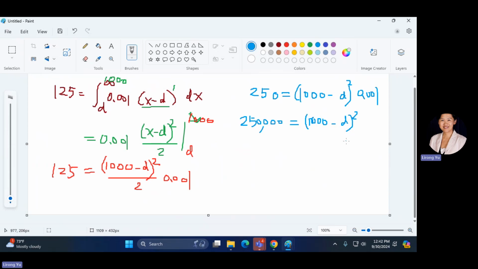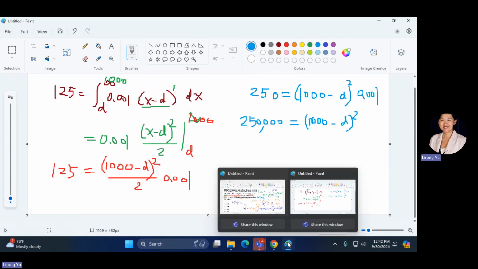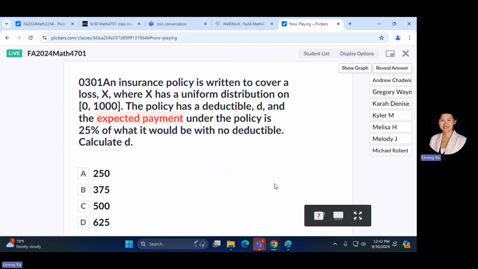So for this calculation, even though the uniform distribution is not a complicated distribution to begin with, we combine it with the deductible and turn it into a linear representation. The calculation actually involved the integration.